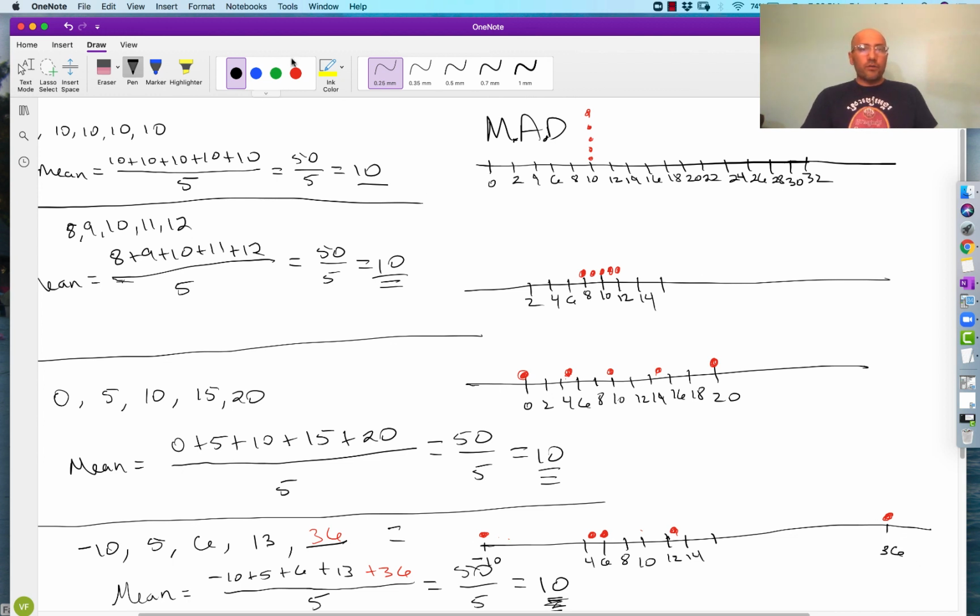What we're going to do is think about the mean, which was 10 for all of them. It's getting a little messy, so I'm just going to erase this part here. We don't need it anymore. They all had a mean of 10. Let's do a larger one.